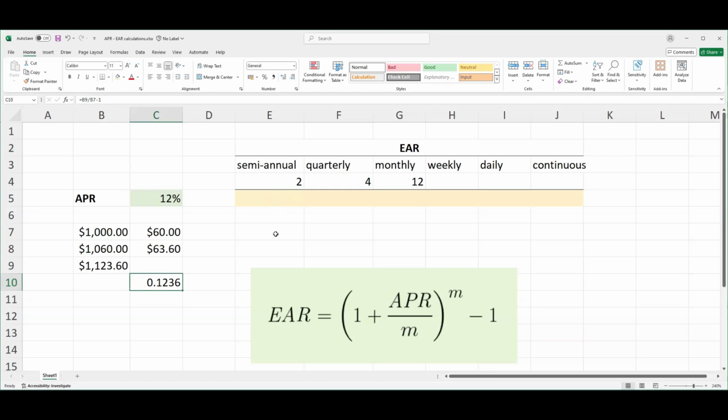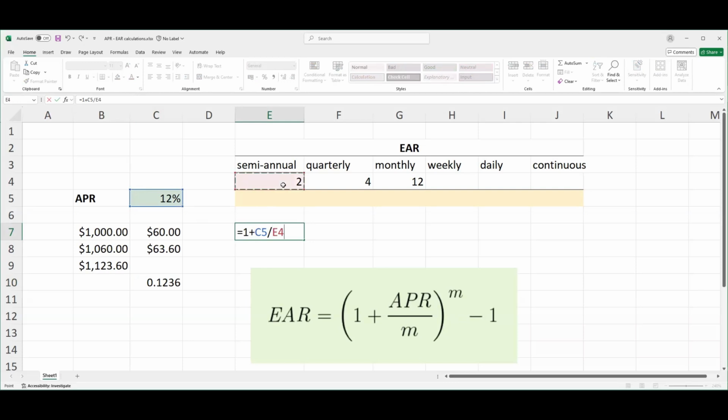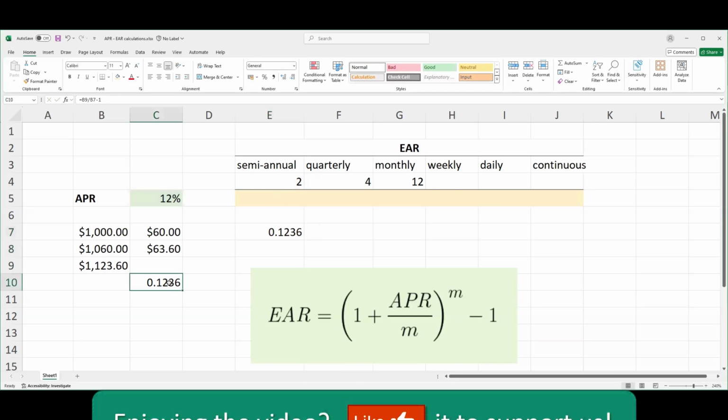So if I simply apply this formula, we have 1 plus the APR rate divided by 2, which is the compounding frequency, raised to the power of 2 as well, and subtract 1. If I've done everything correctly, this should also be 12.36%. As you can see, I've got exactly the same figure.